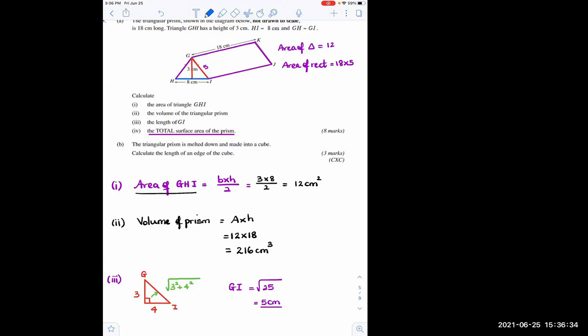This width is 8 and this length is 18. So the area of the bottom rectangle is 8 by 18. We have two of this, two of this, and one side. So in my prism, I have five surfaces: 3 are rectangles and 2 are triangles. When you get this answer, you multiply it by 2, here you multiply it by 2. Work out for me the total surface area.